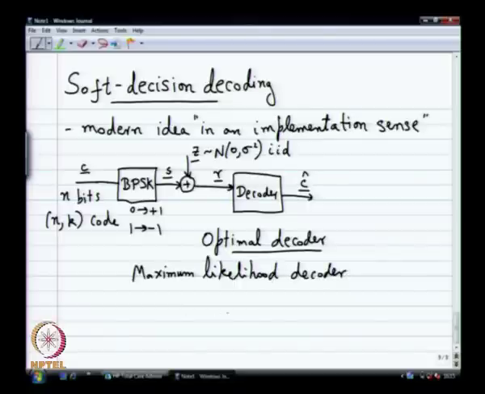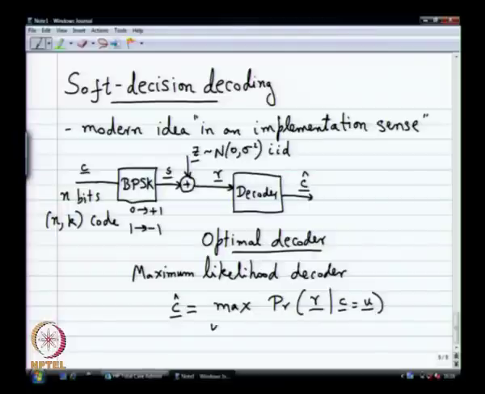So, what does the maximum likelihood decoder do? Hopefully, you remember this. I derived it in fairly general form early on in the class. Let me write down: C hat is the U that maximizes the probability of R given C equal to U, over all U in the code.